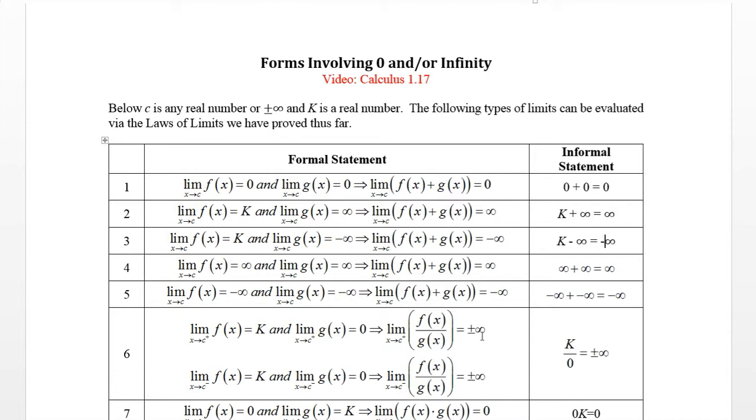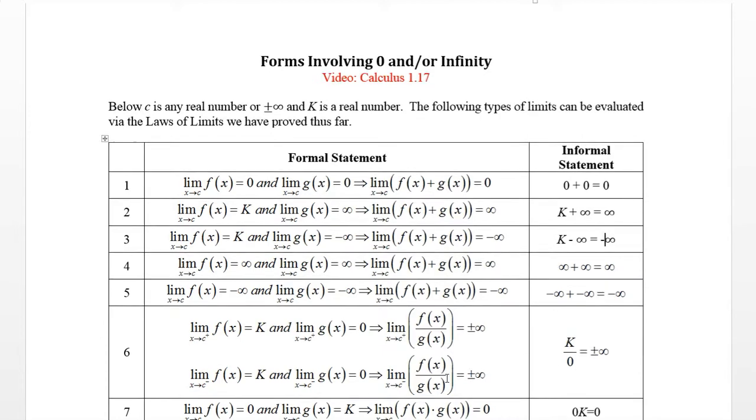It will not exist. So the function will have an asymptote in that case, a vertical asymptote. Similarly, if you're taking the limit from the left and the numerator of your fraction is going towards some real number, but the denominator is going to 0, then the whole thing's going to either go to infinity or minus infinity.